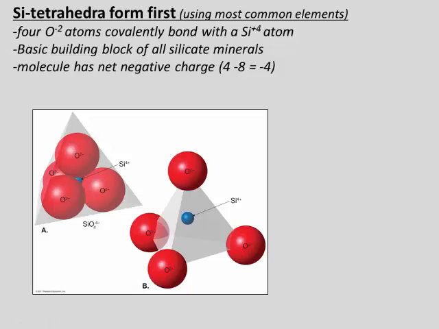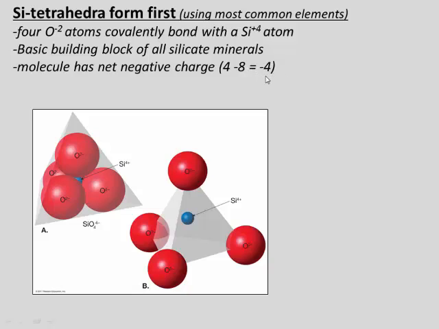So these are covalently bonded and they're sharing electrons, trying to neutralize each other's electronegative charge. But if you add up the sum of all these charges, they don't add to 0. They're not neutralized. The silica is +4. The oxygens are a total of -8. That means this tetrahedra has a net charge of -4 across it.